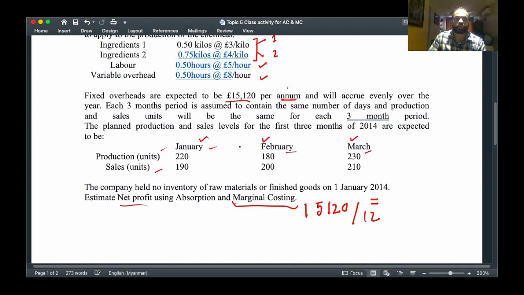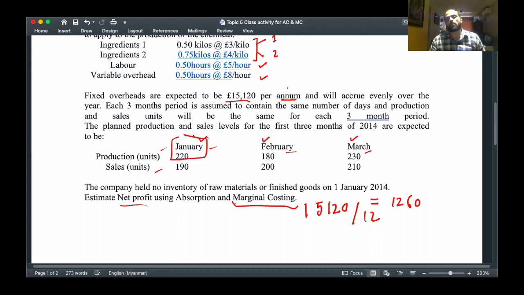So for 1 month, right? So 15,120 divided by 12. This is 1260 for January.